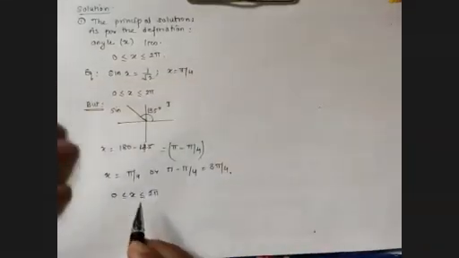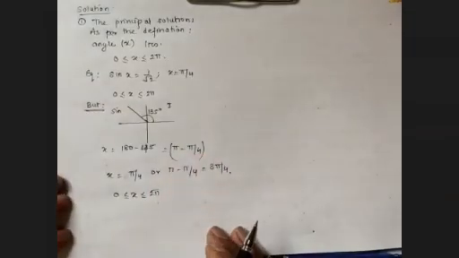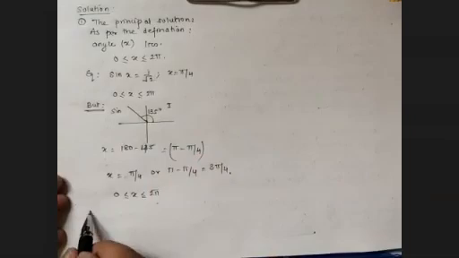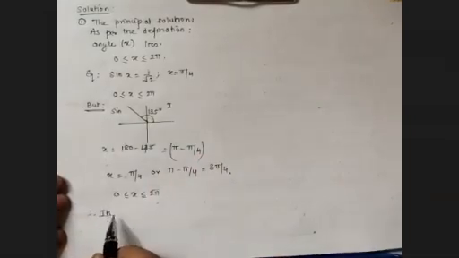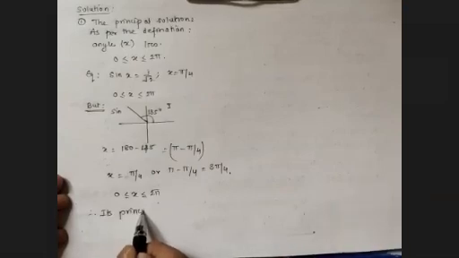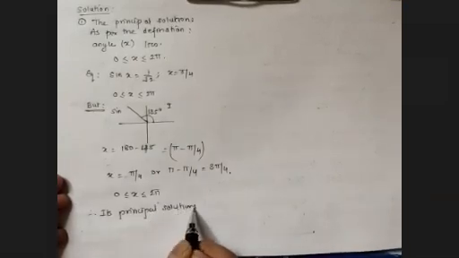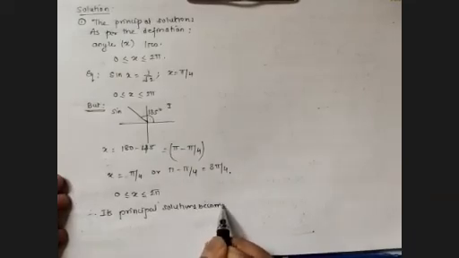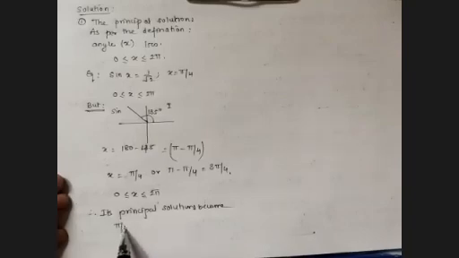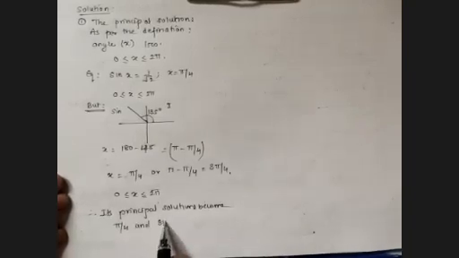So these two solutions are called principal solutions. Therefore, its principal solutions become pi by 4 and 3 pi by 4.